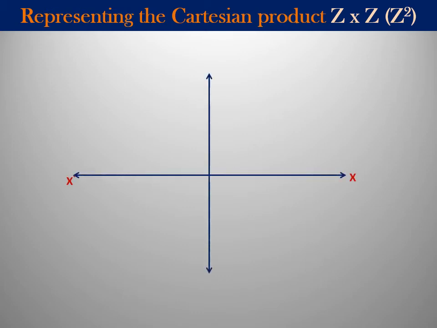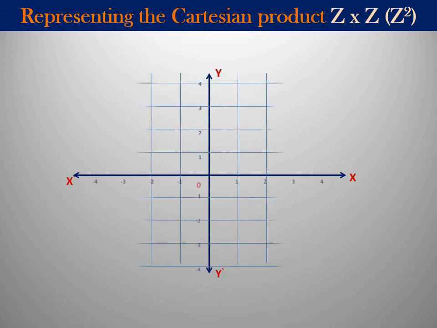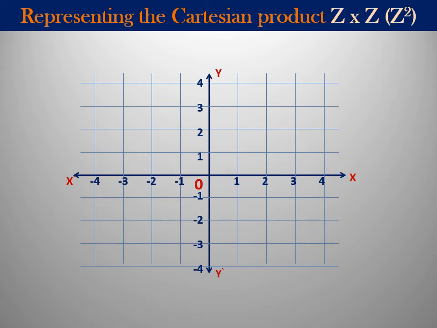And what if I want to represent the Cartesian product of Z squared? Z crossing Z. So I will use the number line of Z, which is extended in both directions because I have negative and positive. So I will have x and x bar and have y and y bar, something like that. Okay?